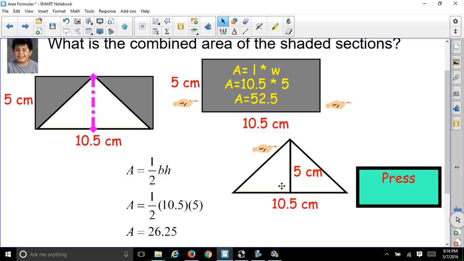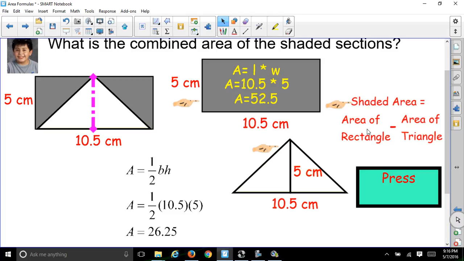So now we have the area of the rectangle. We also have the area of the triangle. So if I were to physically take out that triangle from that rectangle area, I'd be left with these two gray triangle sections here. So that's what I'm going to do. I'm going to take it away, to give me the shaded area that's left.